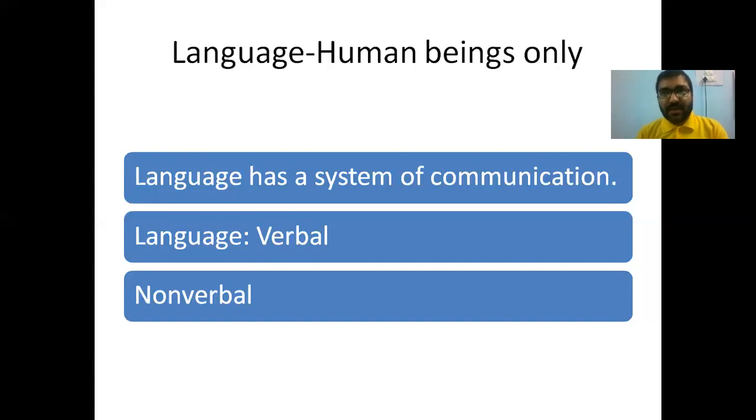Sometimes, without language, we communicate through our gestures, postures, and expressions. This is also a way of communication.